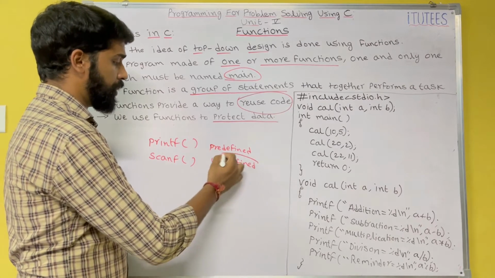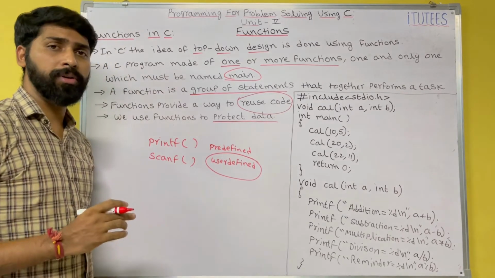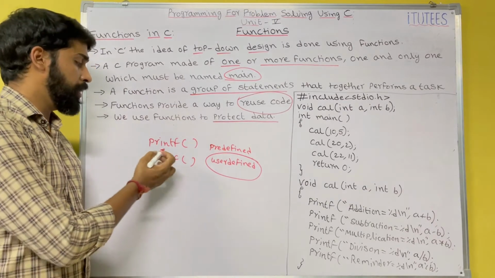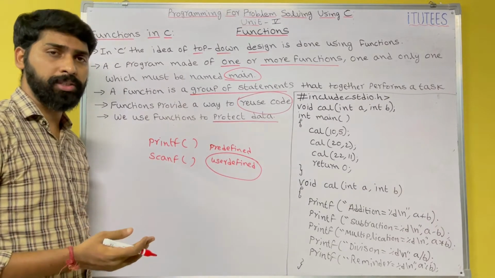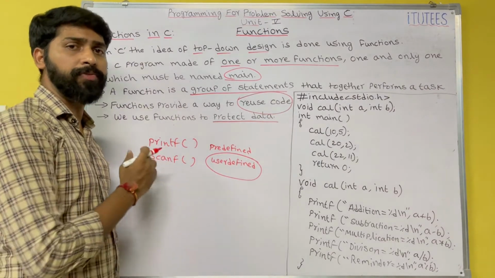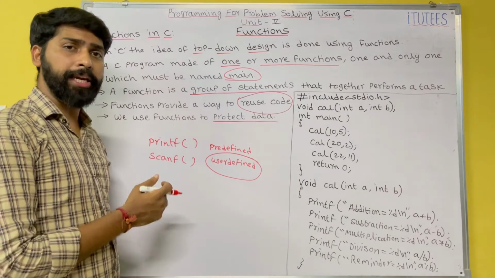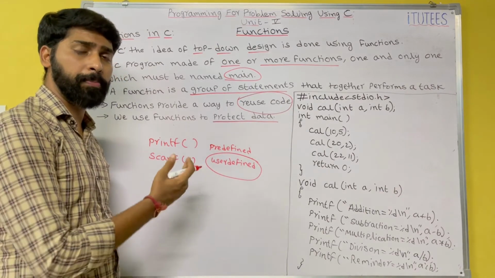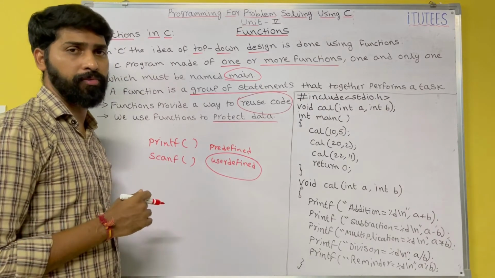In the next class, we are going to see how to define user defined functions in a C program. Predefined functions are written by the creators of C, but user defined functions are defined by the programmer.